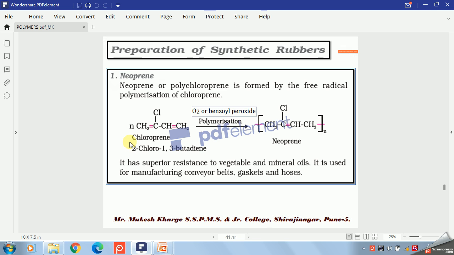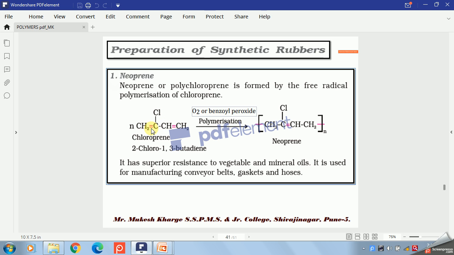First one is neoprene. Neoprene is also known as polychloroprene and it is obtained by free radical polymerization of chloroprene. What is chloroprene? It is 2-chloro-1,3-butadiene.